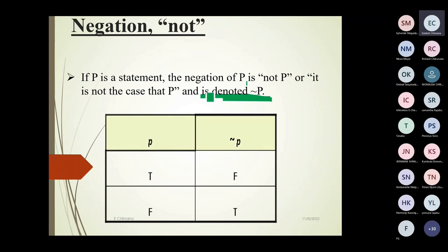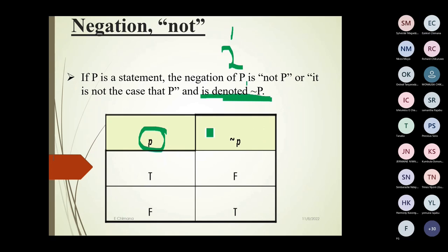When you are creating a truth table, you need to know the number of rows, and then you need to give each and every statement its column. Here the only statement we have is P, so it will be 2 to the power n, which is 2 to the power 1. That's why we have 2 rows here.